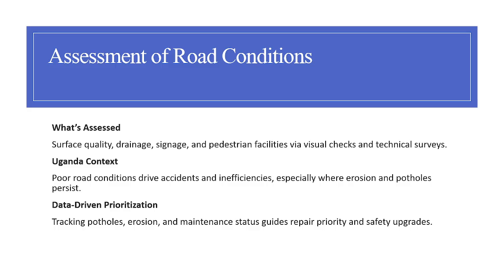So what do you assess? Assessment of road conditions. What is assessed is surface quality, drainage, signage, and pedestrian facilities, via visual checks and technical surveys. When you look at Uganda, poor roads lead to increased accidents, and inaccessibility of the project area will raise the cost of the project.